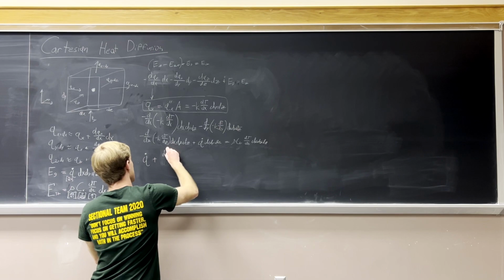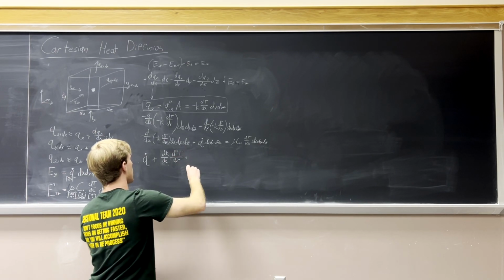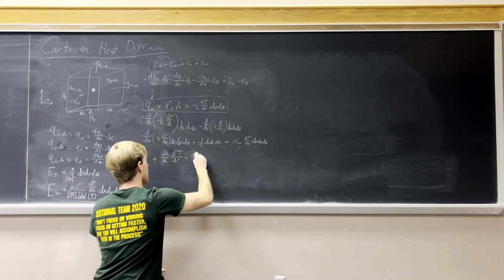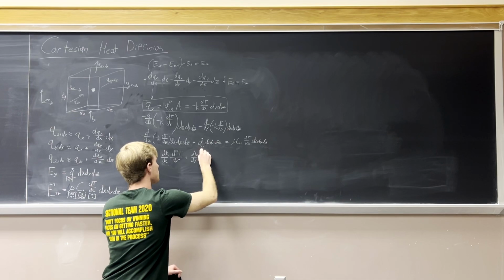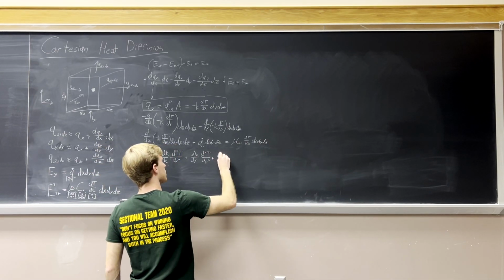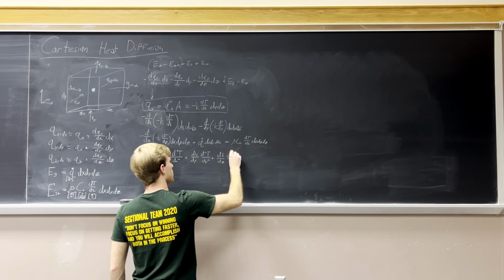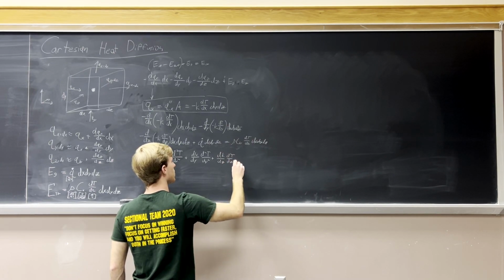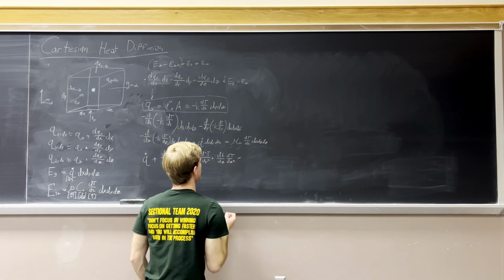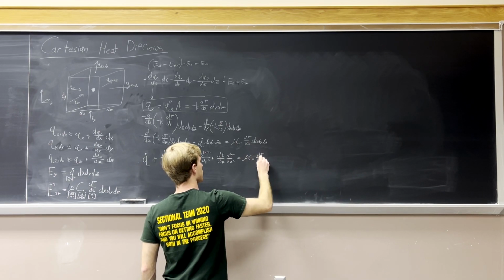So dk over dx, and then d squared T over dx squared, plus, do the same thing for y, dk dy times d squared T over dy squared, plus dk dz times d squared T over dz squared, and then we already have the q, is going to be equal to, this is just rho cv dT over dt.